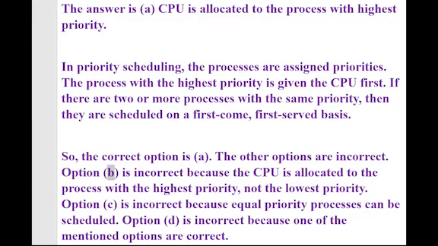Option B is incorrect because the CPU is allocated to the process with the highest priority, not the lowest priority. Option C is incorrect because equal priority processes can be scheduled. Option D is incorrect because one of the mentioned options is correct.